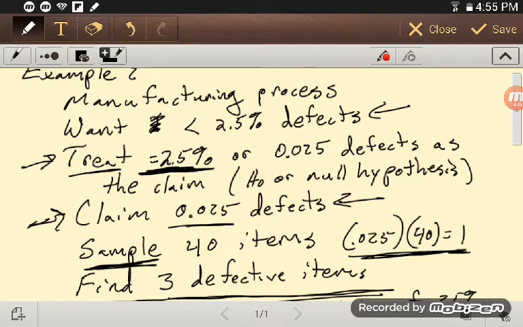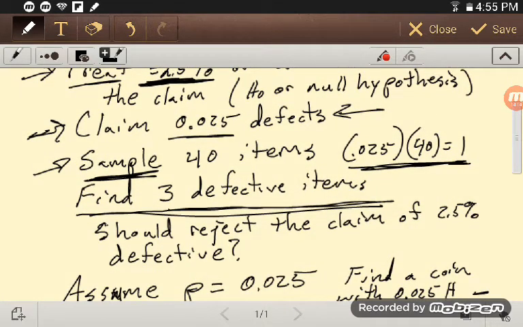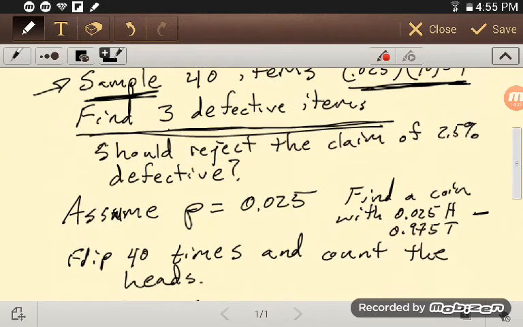That's our claim. We go out, we sample our 40 items. Unfortunately, instead of just 1 defect or 0, where we'd go, oh yes, we know what we're doing, this is great, we found 3 defects. Is all lost? Well, not necessarily.